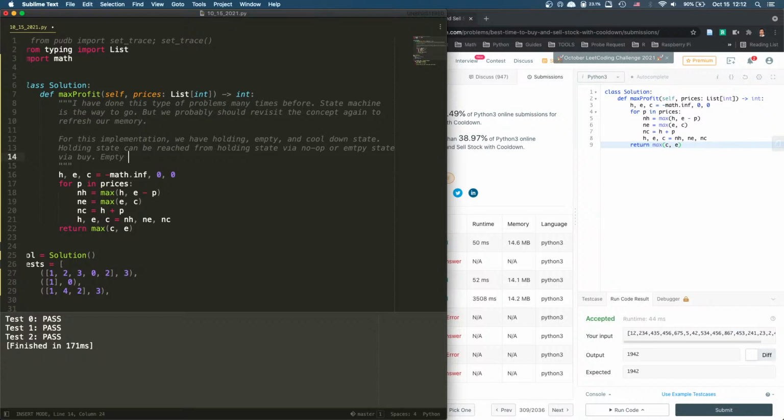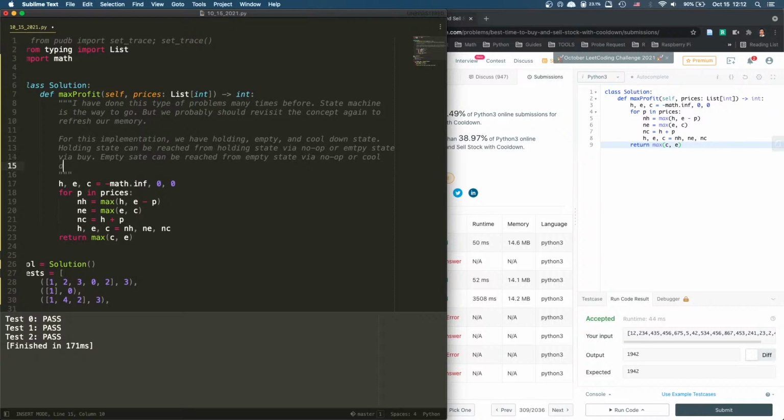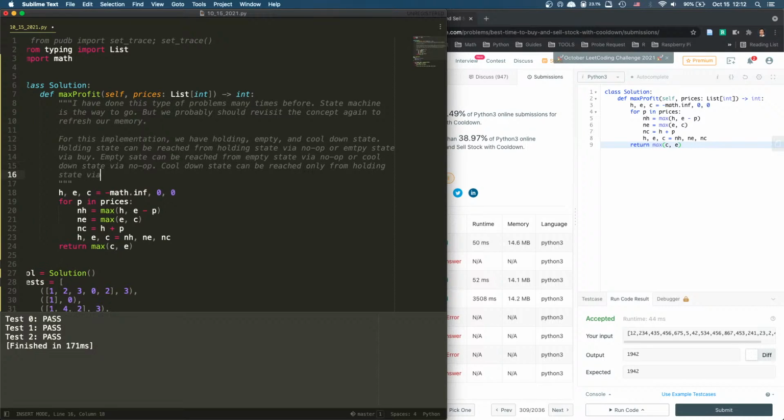Empty state can be reached from empty state via a no op, or cooldown state via also a no op. And cooldown state can be reached only from holding state via sell.